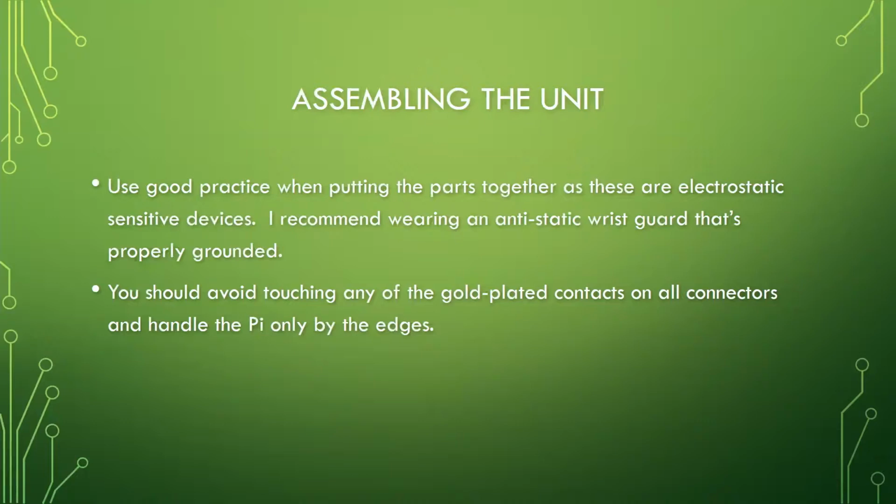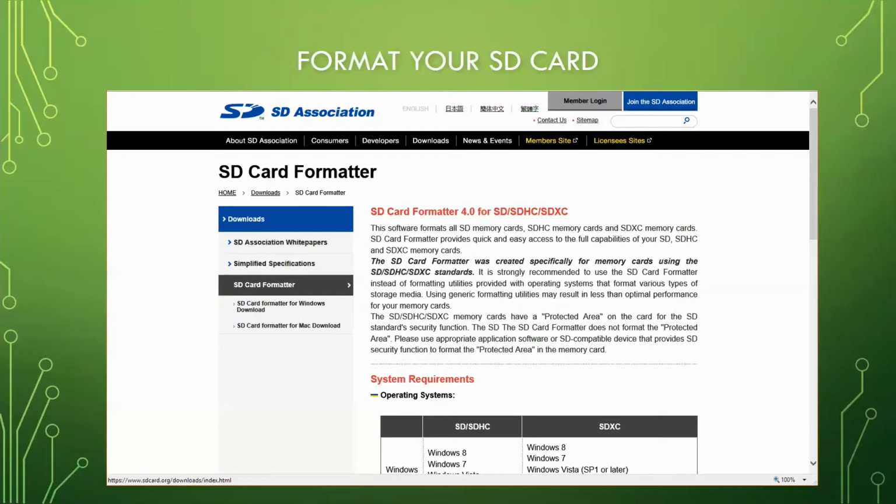So I bought my SD card bare. The Pi Foundation website recommends that you format it using the formatter program from the SD Association. Now, your SD card might come already formatted, or you could probably format it in Windows or Mac.